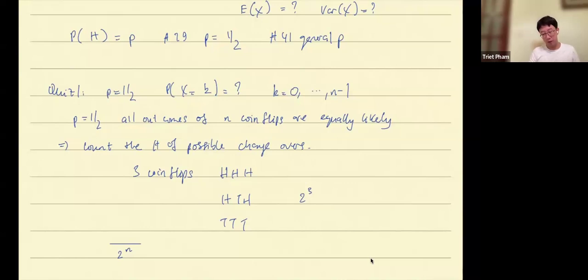For example, go back to the 3 coin flips. There are 8 possibilities. How many sequences give me no changeover? This should be an easy question. Actually, in all coin flips, how many sequences give me no changeover?